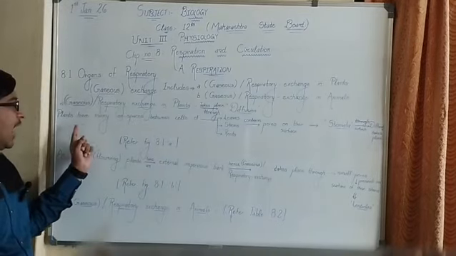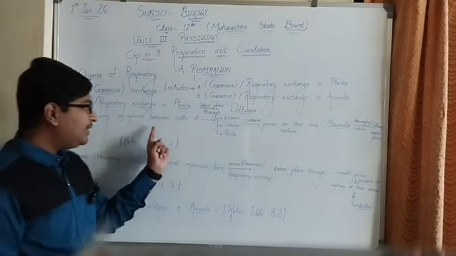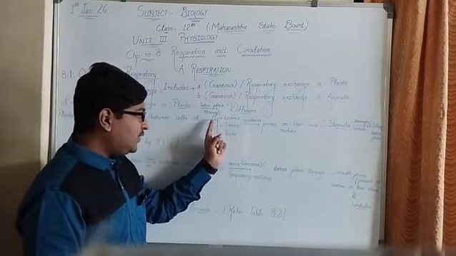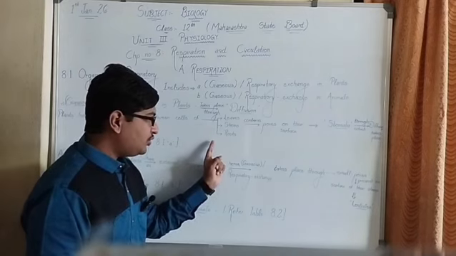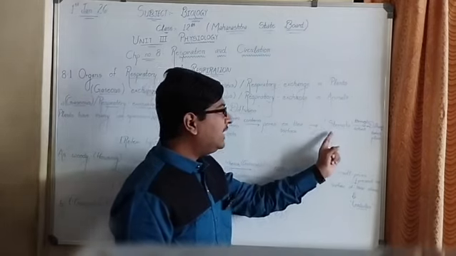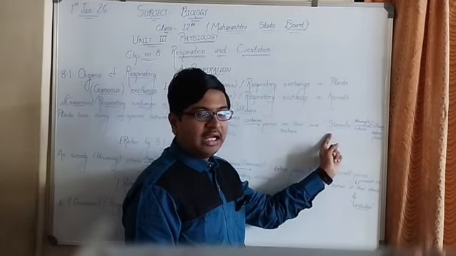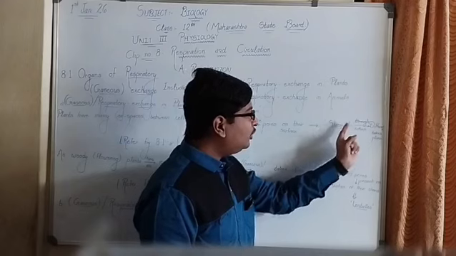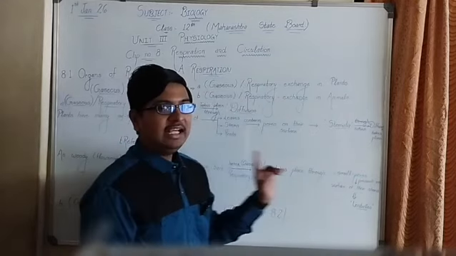Now, these plants have many air spaces between the cells of their leaves, stems, and roots, which contain pores on their surface termed as stomata, through which this diffusion takes place.